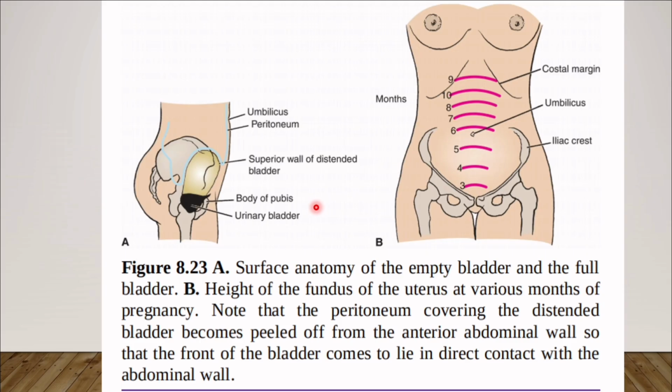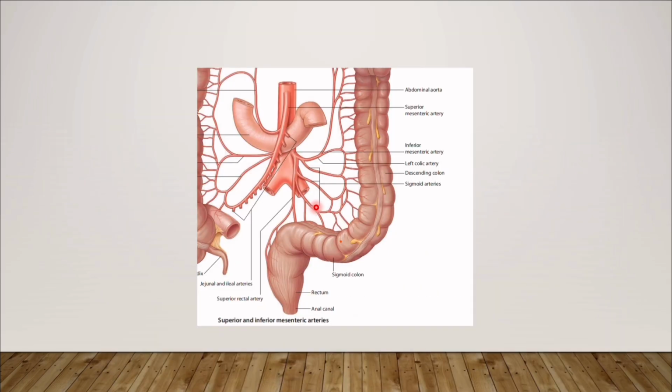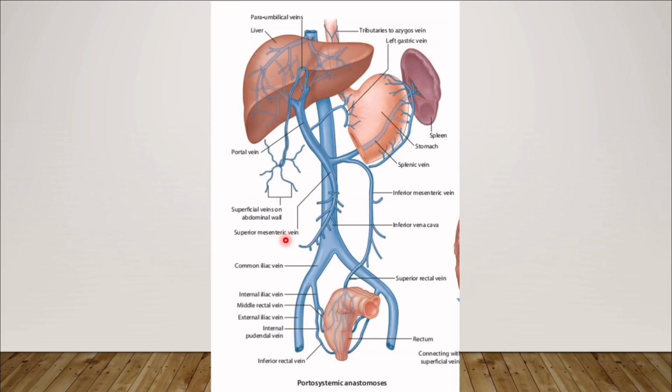Good. Then here we're just showing us that the superior rectal artery is a continuation of the inferior mesenteric artery. Then on venous drainage, you should appreciate the fact that we have portal systemic anastomosis in the true pelvis.